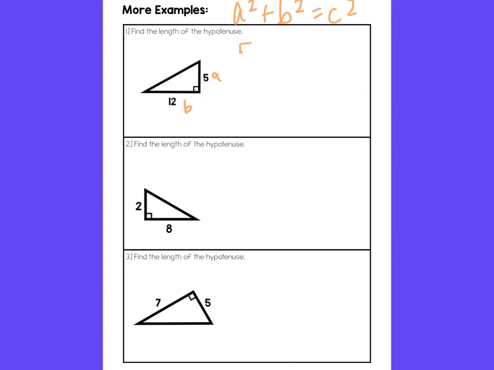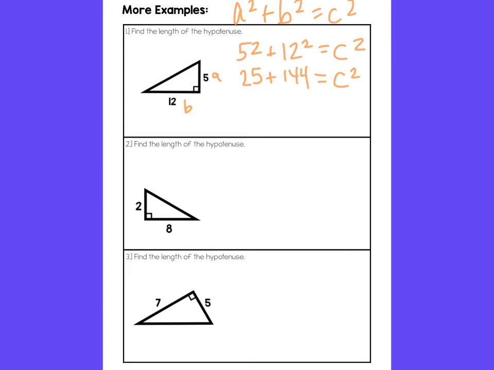So 5 squared plus 12 squared equals c squared. So now I'm going to simplify. 5 times 5, or 5 squared, is 25, plus 12 squared, or 12 times 12, is 144, equals c squared.